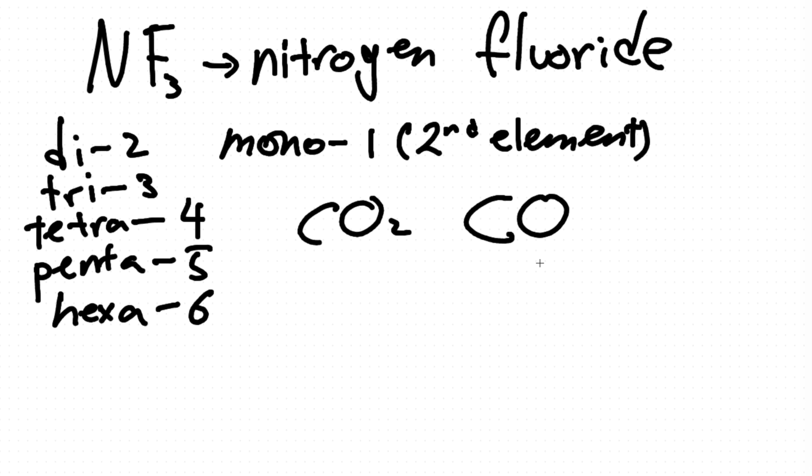If the use of a prefix results in 2 vowels in a row, the vowel from the prefix is usually dropped to avoid awkward pronunciations. So for instance, for N2O4, we would call this dinitrogen tetroxide instead of dinitrogen tetraoxide. If the compound is a solid without well-defined molecules, it is the empirical formula that is used for naming.